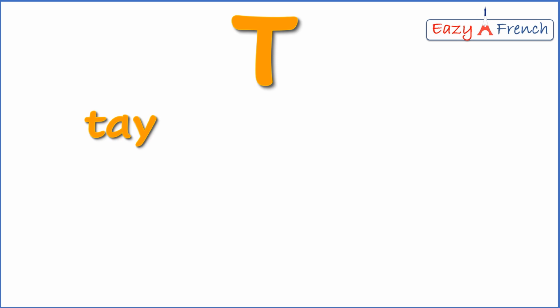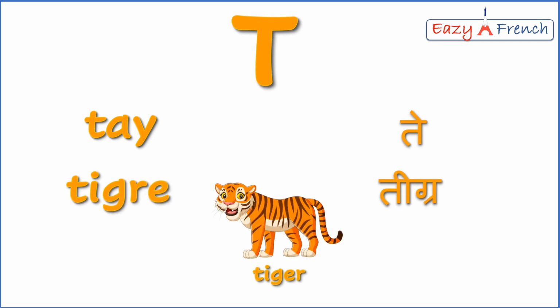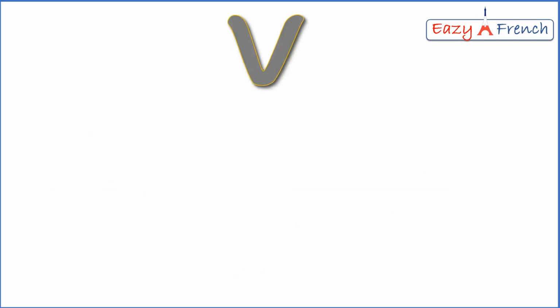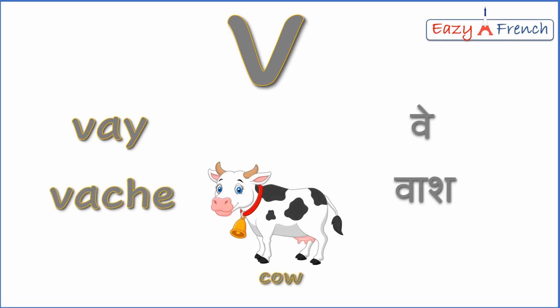T, it is T, tigre, a tiger. U, again like English it is U, usine, a factory. V, it is V, vache, a cow.